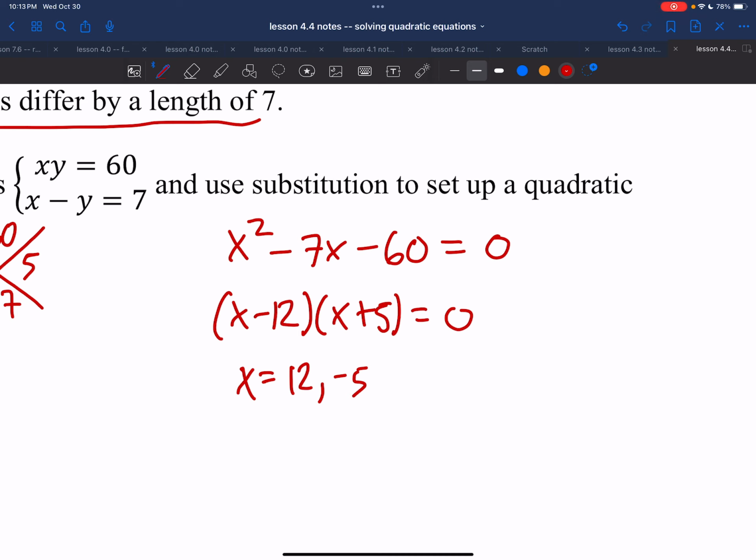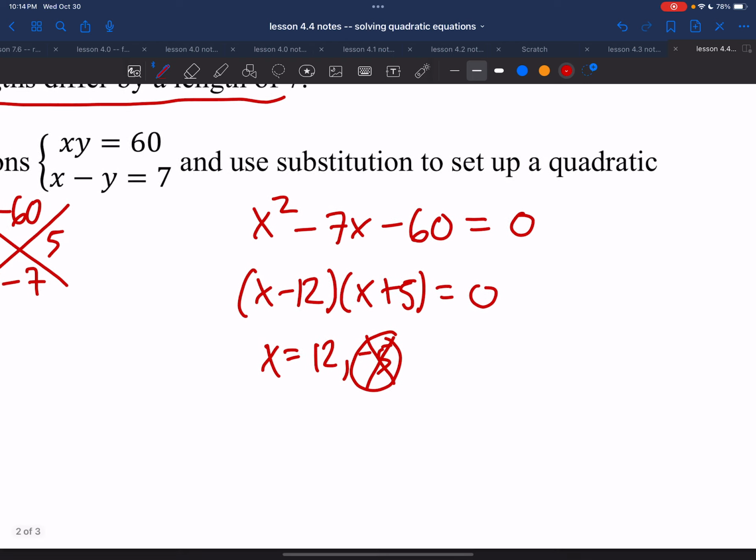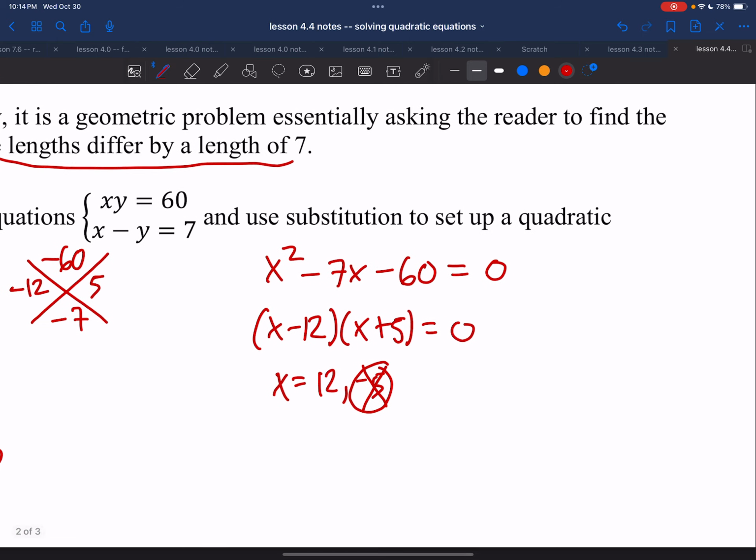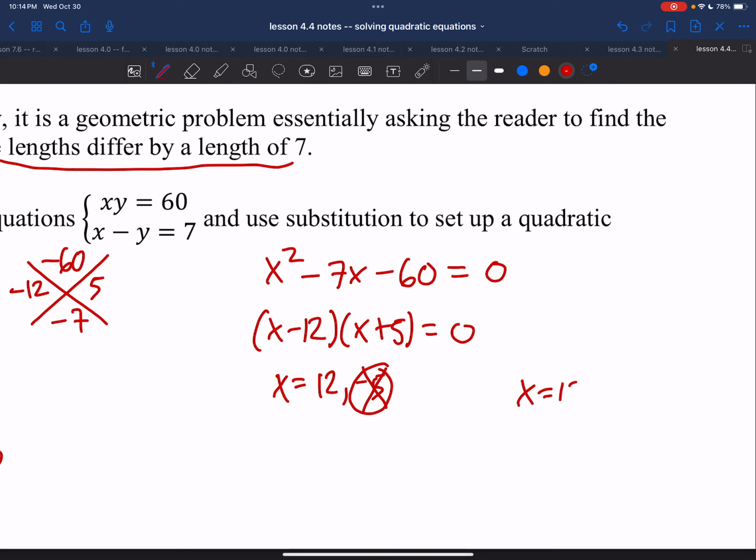But think, we're talking about area, a physical quantity, right? So it looks like x is going to have to be positive 12 because negative 5 is not going to work, right? And so I'd say, okay, x is 12. I said x is 12, so then what is the other dimension, y?